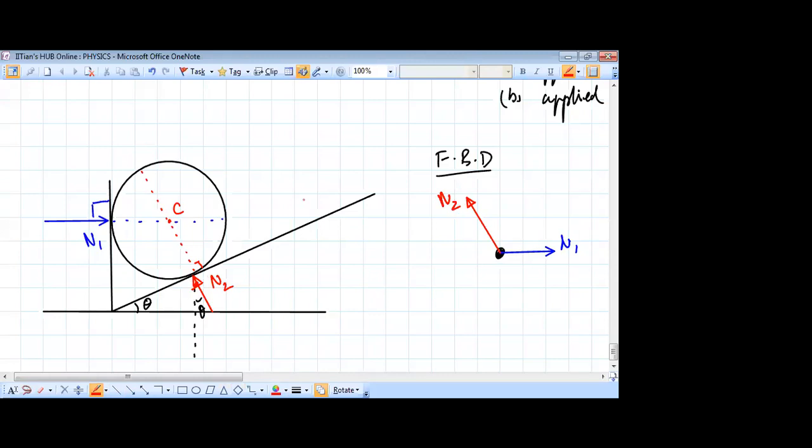So because it is perpendicular to this surface, if you drop a vertical over here, it will be at theta to the vertical. And of course, there is mg which is acting vertically downwards.